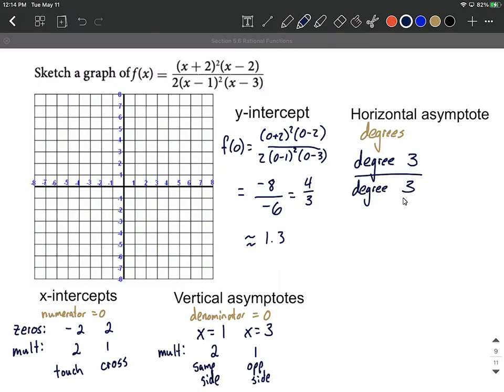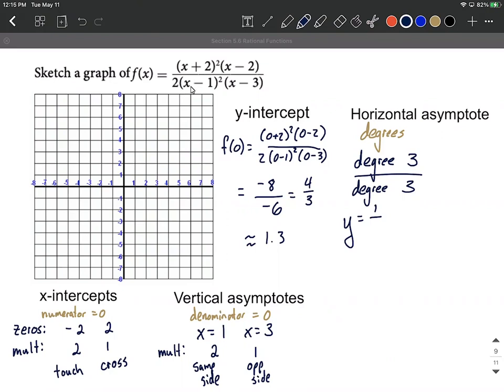So when the degrees are the same, our rule says that y is equal to the ratio of leading coefficients. If we don't want to multiply this all out, we can visualize that multiplying 2 copies of x and another copy of x together gives 1x cubed. So the leading coefficient for our numerator would be 1. It's similar for our denominator, except for this 2 in front of all of these sets of parentheses.